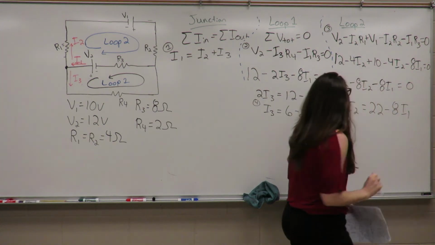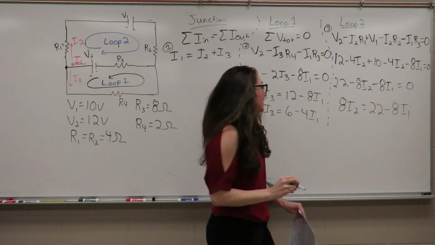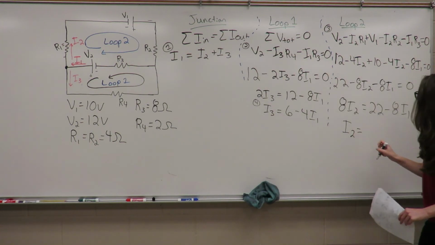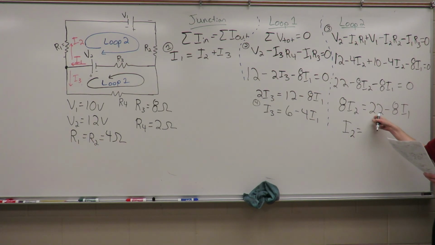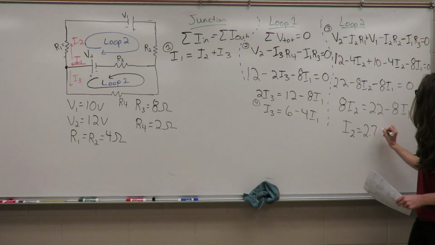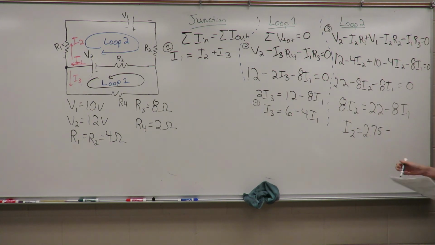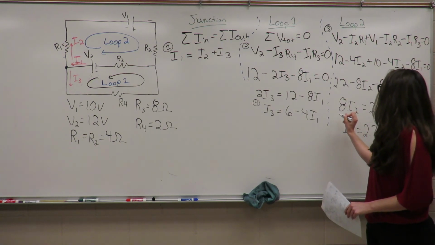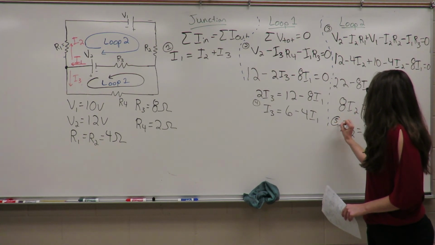Now I divide both sides of my equation by 8. And then I have that I2 is equal to 22 divided by 8 is 2.75 minus 8 divided by 8 is 1, so minus I1. And I'm going to call that equation 5 right here.